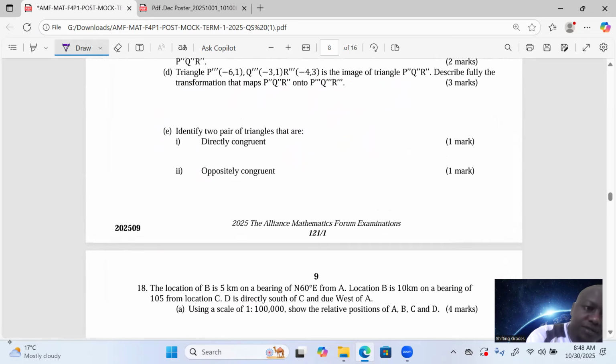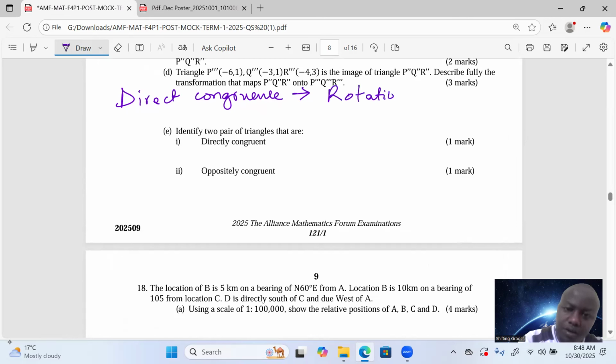Direct congruence. For direct congruence, the transformation involved is rotation and translation. For us to get triangles that are directly congruent, it should be rotation and translation.